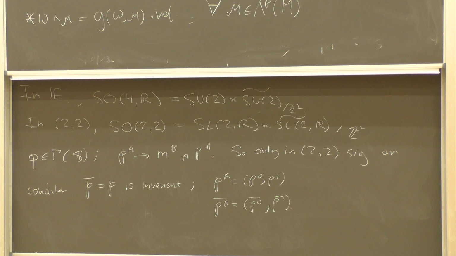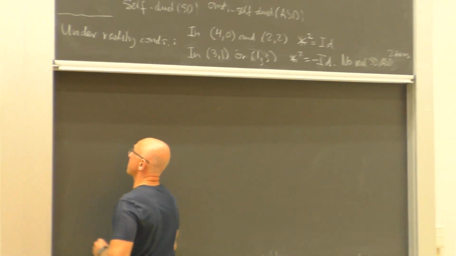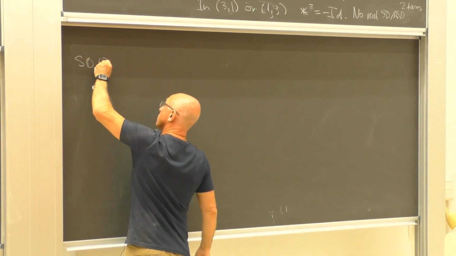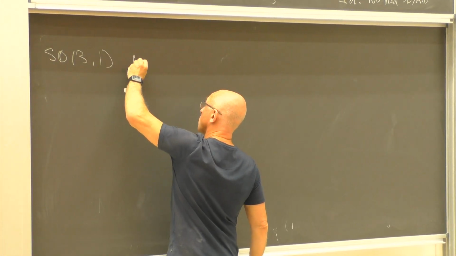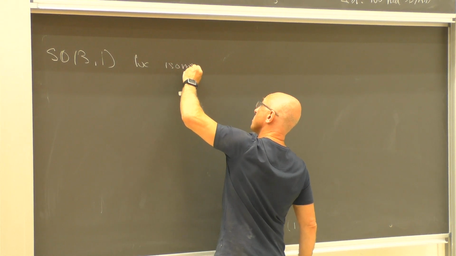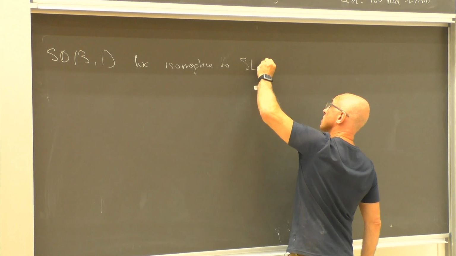Let's go back to Lorentzian signature and see one appearance of complex numbers there. So in the Lorentzian case we have SO31, locally up to this Z2, isomorphic to SL2C.